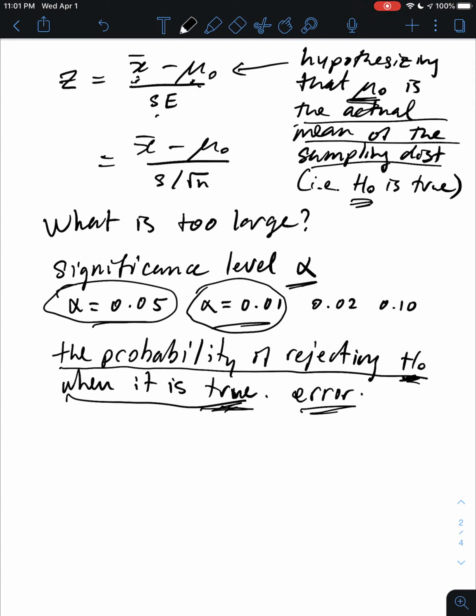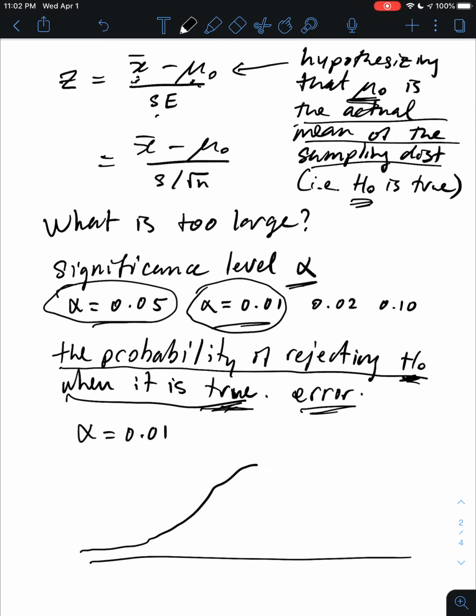And then with that in mind, I can now make sense of the situation. So let's take alpha to be 1% for this example. And so I'm going to draw my graph. I love this graph, and you would do well to draw it whenever you need to understand one of these situations.